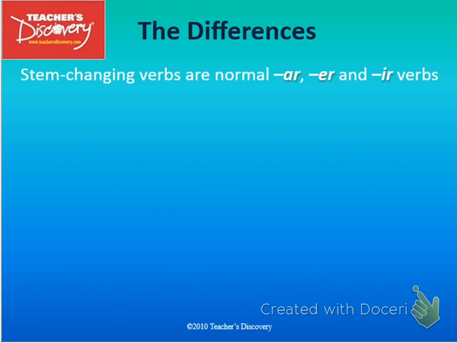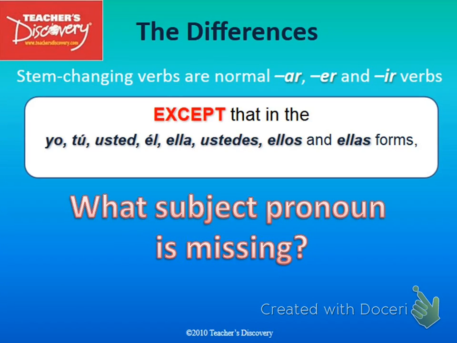So some of the differences of the verbs we're going to talk about in this chapter is that they're going to be stem-changing verbs. They're still going to get the normal AR, ER, IR conjugations at the end of the verb, but something in the stem, in the beginning, will change in all the forms: the yo form, the tú form, the él, ella, usted form, and the ellos, ellas, ustedes form.